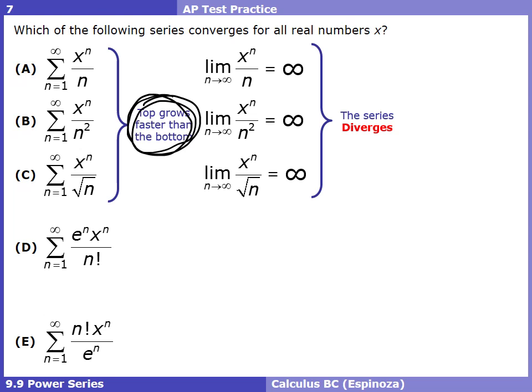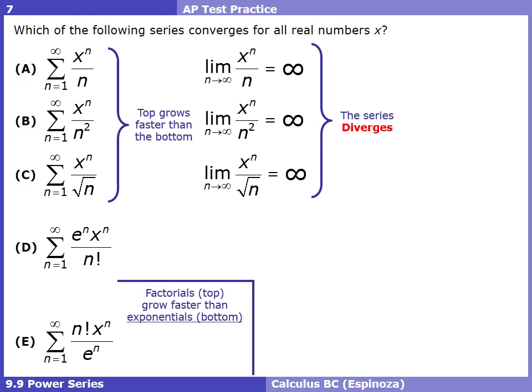I'm going to leave D alone for a second and give you this little fact here. Factorials, which are in the top of this fraction, grow much faster than exponentials, which are in the bottom of this fraction. And again, to prove it, you might want to do this on the side or with a calculator just so you can see it. But if we chose a number for n, and I'm just going to pick maybe 5, we'd end up with 5 factorial times x to the 5th power over e to the 5th power.